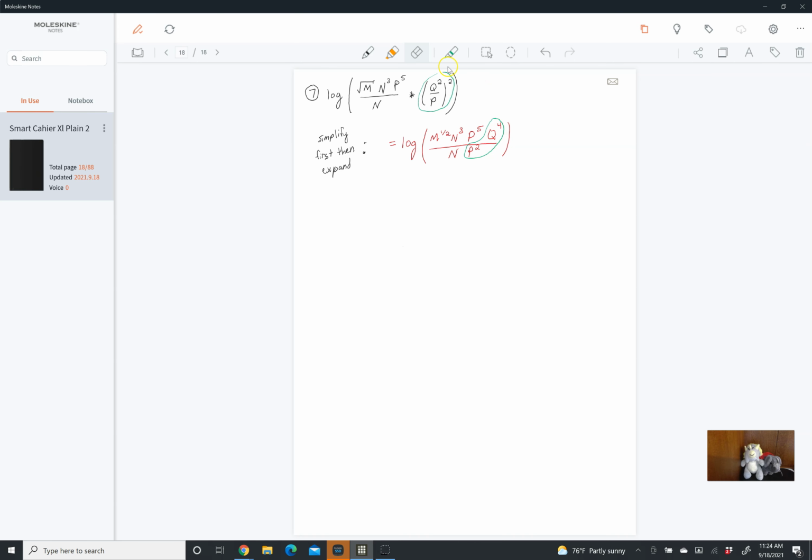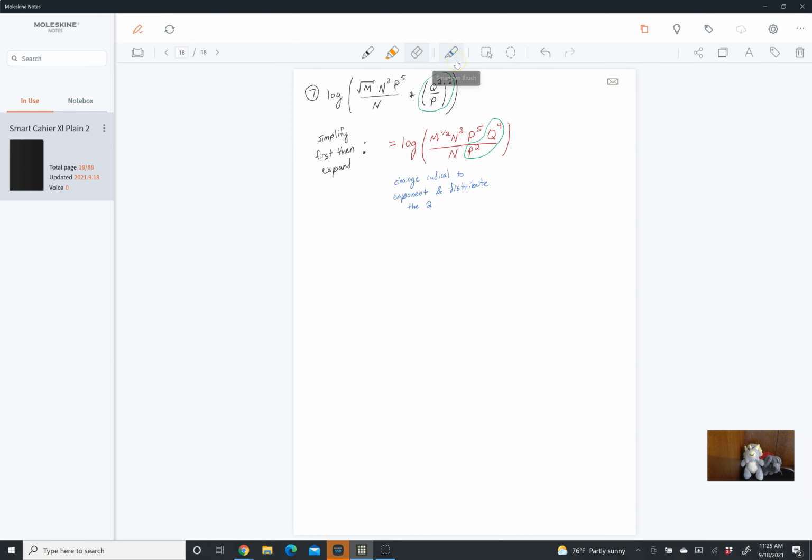So all we did here was change the radical to an exponent and distribute the 2.